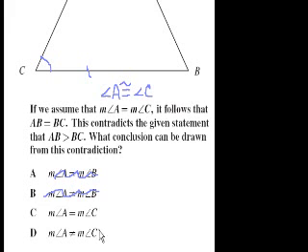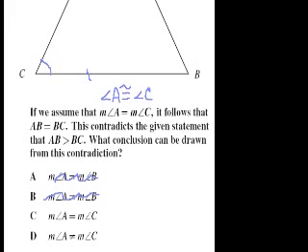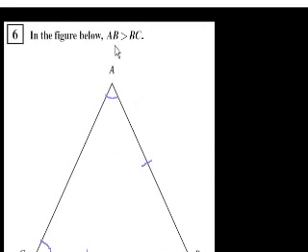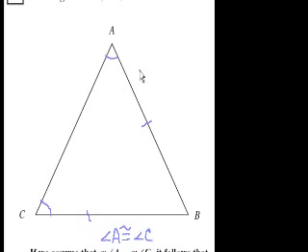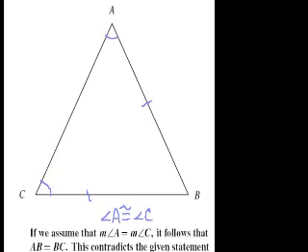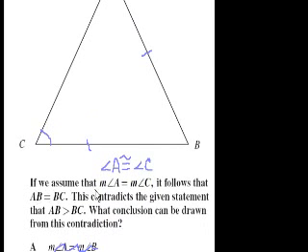Oh, I see what they're saying here. They're saying AB is definitely greater than BC. They said if we assume that measure of angle A is equal to measure of angle C, it follows that AB is equal to BC.